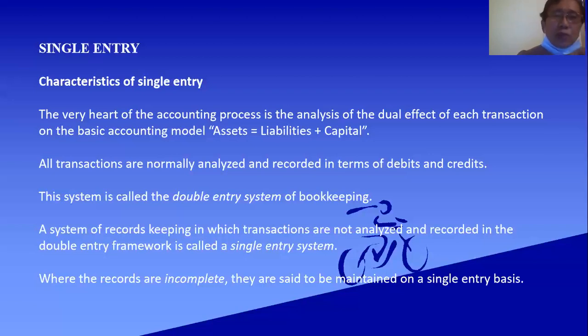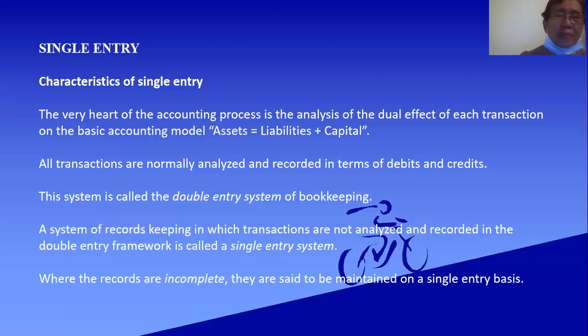The very heart of the accounting process is the analysis of the dual effect of each transaction on the basic accounting model. Assets equals liabilities plus capital. All transactions are normally analyzed and recorded in terms of debits and credits.